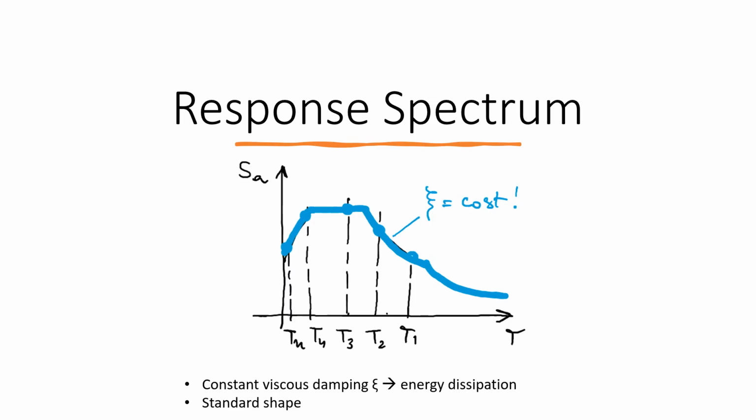This viscous damping coefficient represents the energy dissipation capacity of the system. So even when we use a small value for this coefficient, we are, let's say, linearizing also the energy dissipation part.